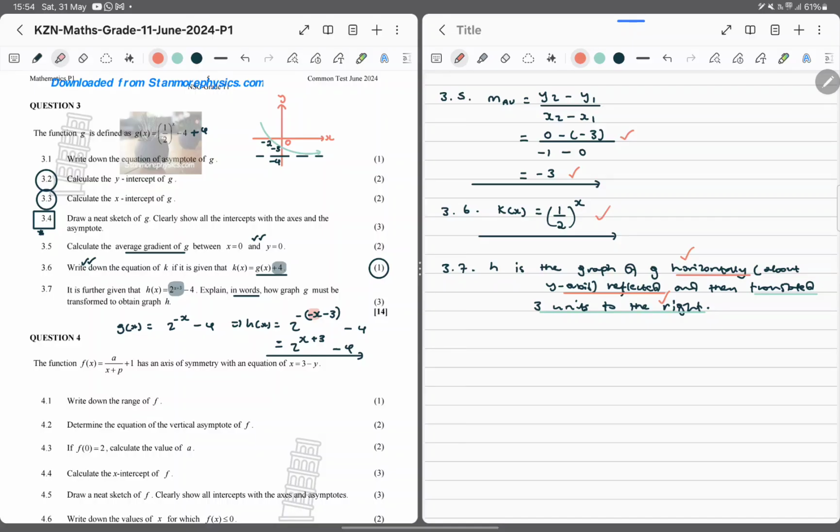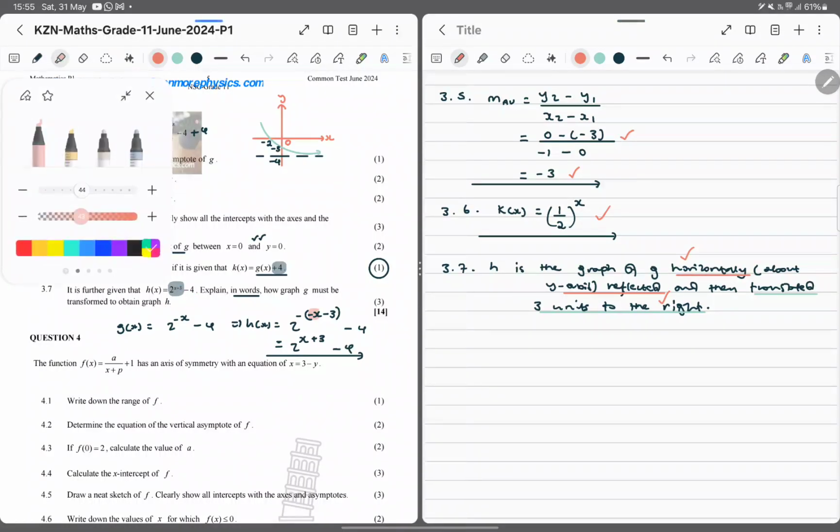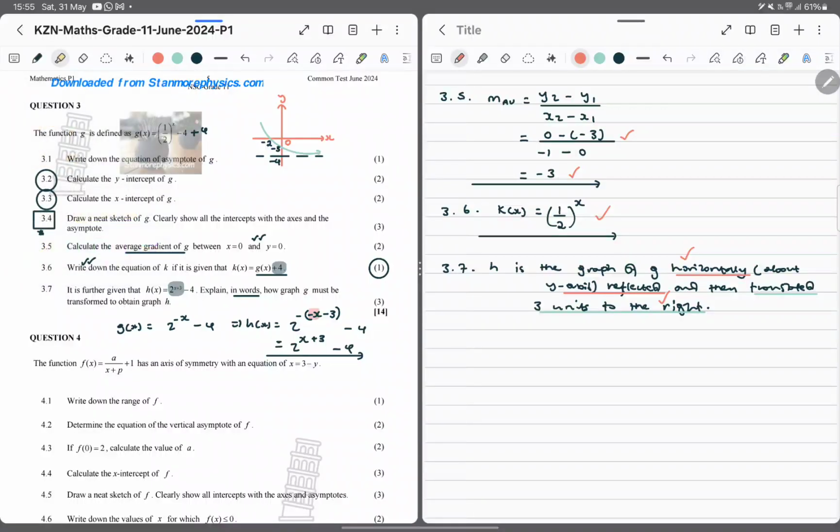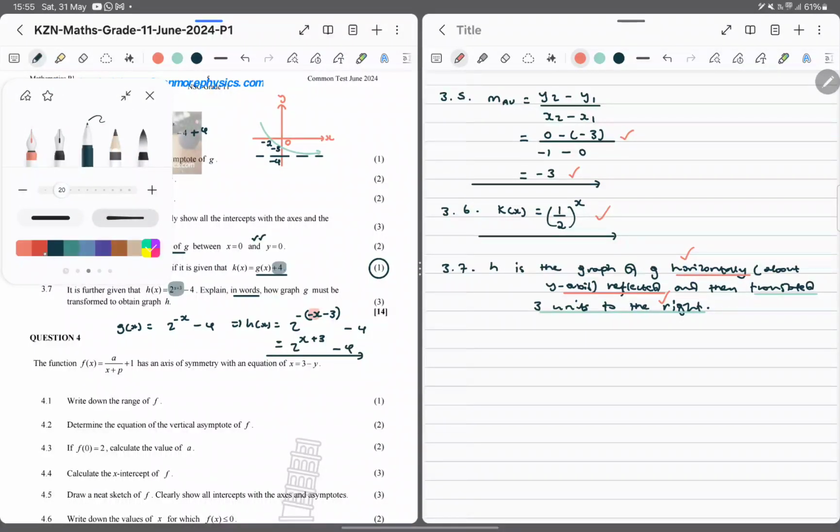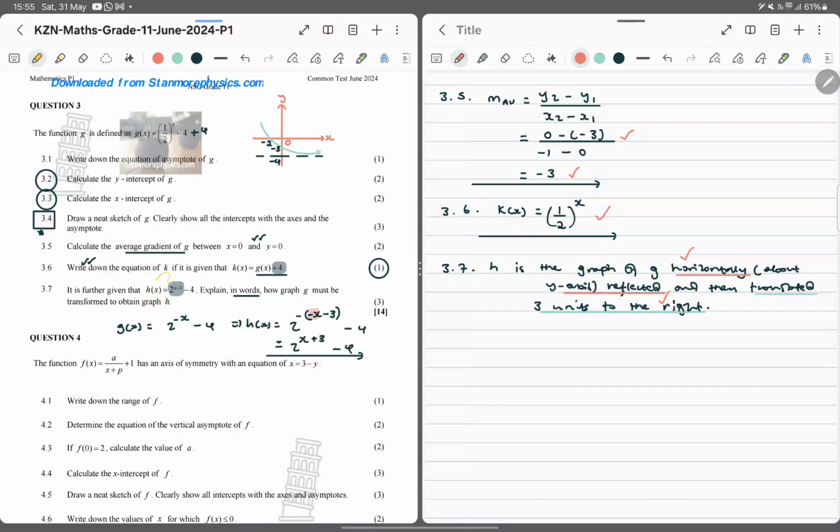I'm trying to think. Let's just draw this graph so that we can see if it indeed makes the same sense that we are thinking. It's easy to think you are right when you're wrong. Let's just draw the graph; the asymptote is the same.